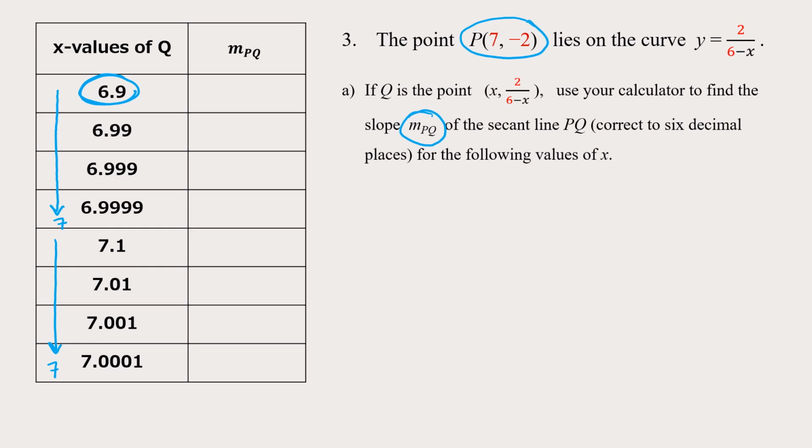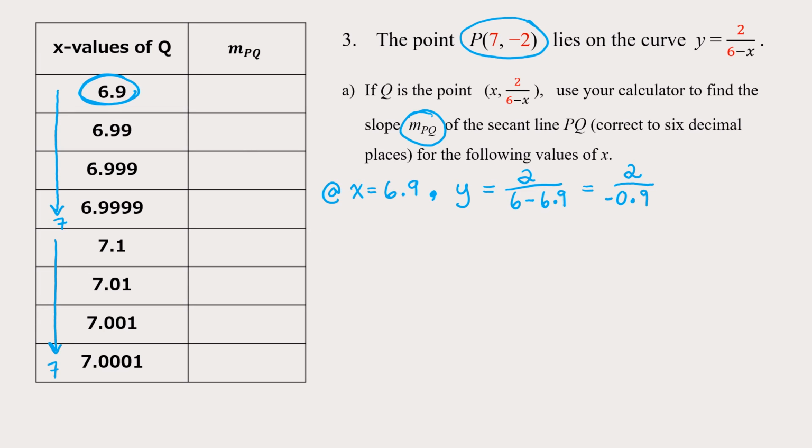And before we can even find that, we actually just have to find the output of our function there. So at x is equal to 6 and 9/10, we have to find our y. So y will be equal to 2 over the quantity 6 minus 6 and 9/10, which will be equal to 2 over negative 9/10, which is a bit tricky to deal with here.